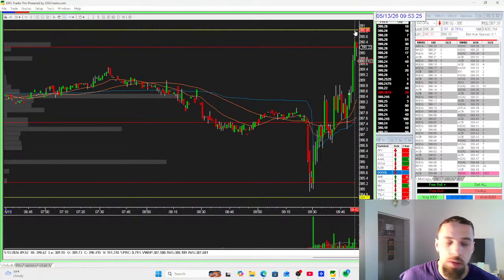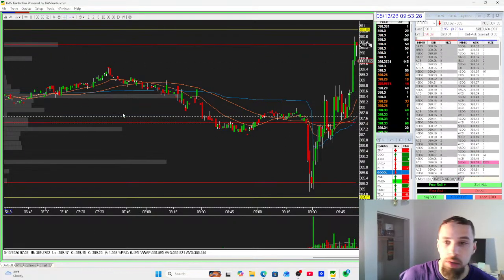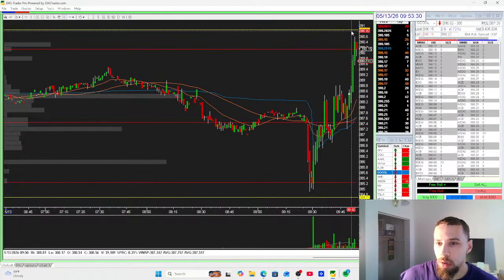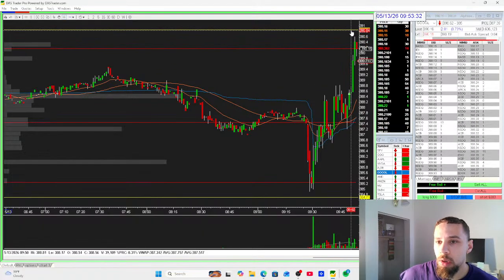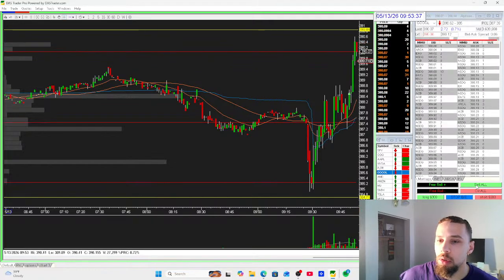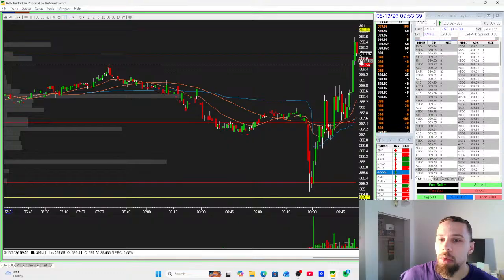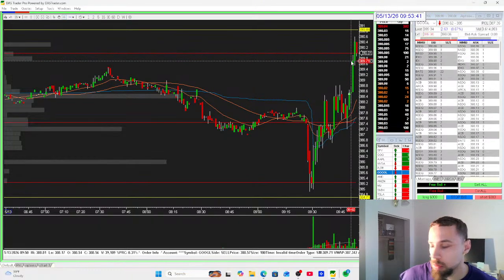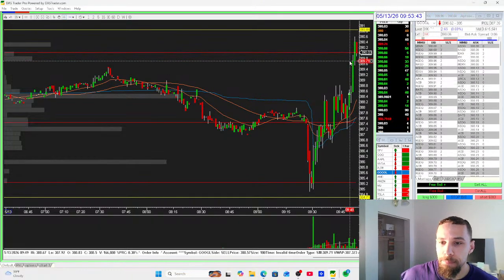If I can get to this level here, I'm gonna close my position. If I can get to my level that I marked for resistance, we'll be all out. If not, we'll be all out at 389.70, which will be good. It's still a win.